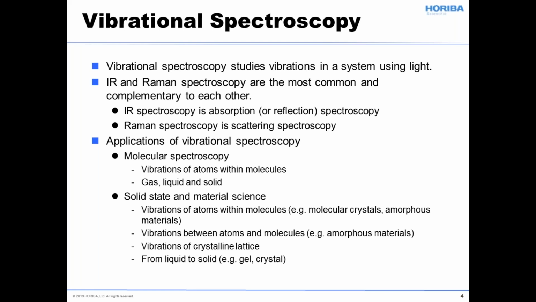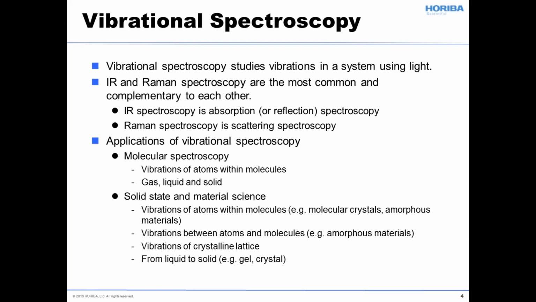So, applications of vibrational spectroscopy. Many of the applications for Raman are similar to, and as I've said, complementary to those of infrared spectroscopy. So you have, of course, molecular spectroscopy by Raman, where you're studying essentially the vibrations of atoms, which is to say the chemical bonds within the molecules, and can study gas, liquid, or solid states.